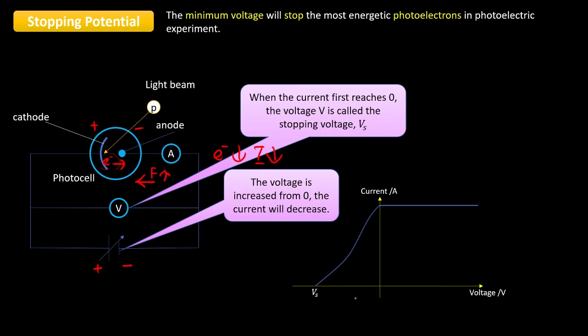But if you reverse the voltage, there is a retarding force. As the reverse voltage slowly increases, the current will drop and drop until it reaches 0. When the current reaches 0, we call this the stopping voltage. It's on the negative side because it's a reverse voltage.